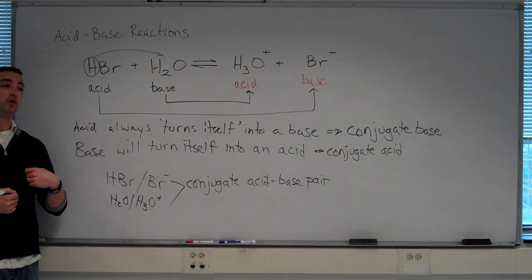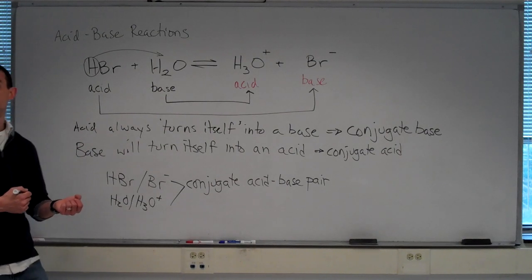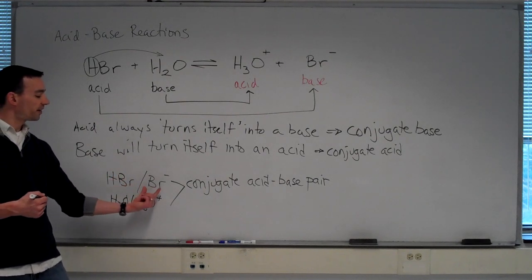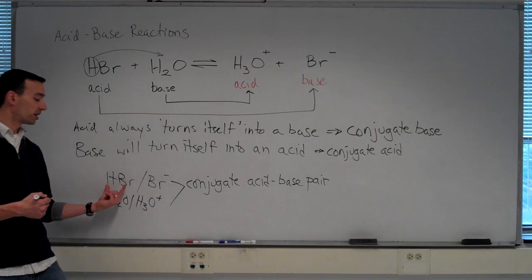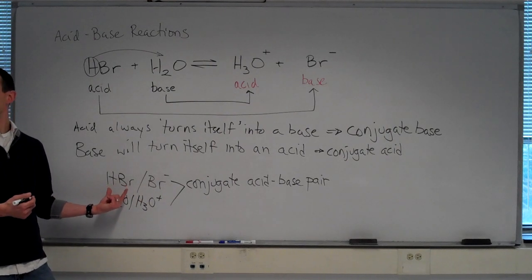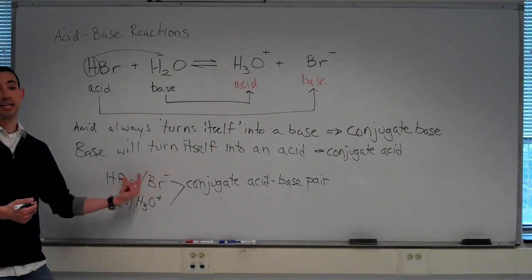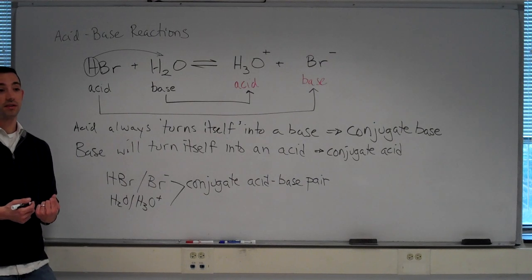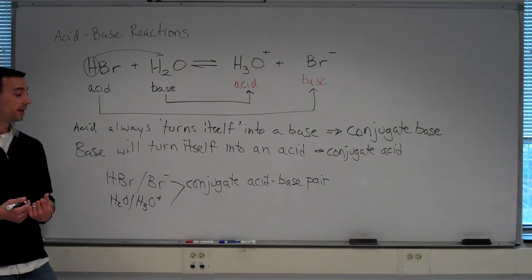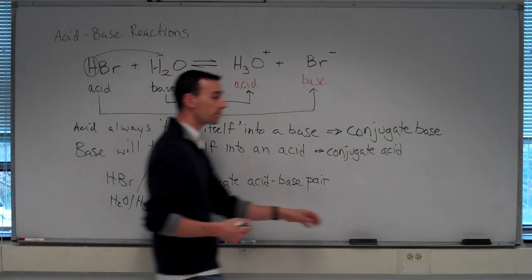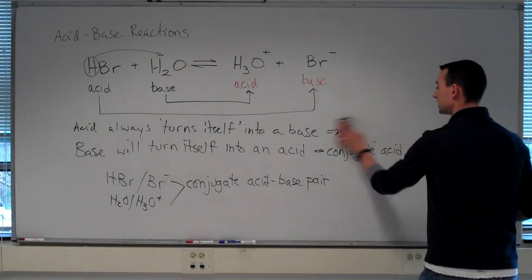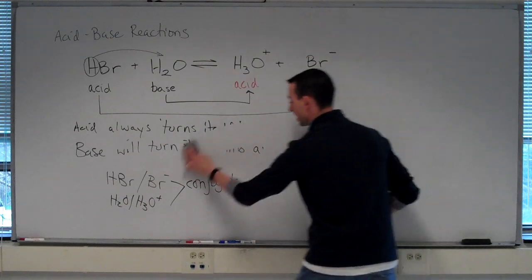And if you have information about bromide, because it's got a partner, you also have information about HBr because they're connected to one another in this relationship. Right? So that's sort of down the road a little bit. Okay, let's look at a different acid-base reaction.